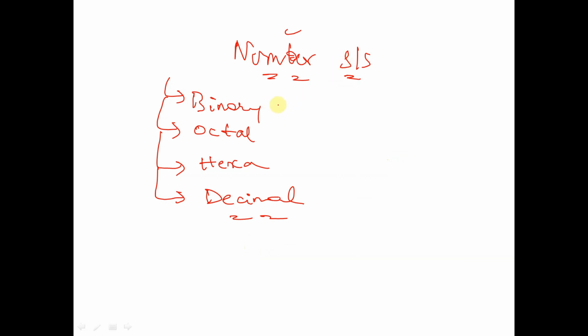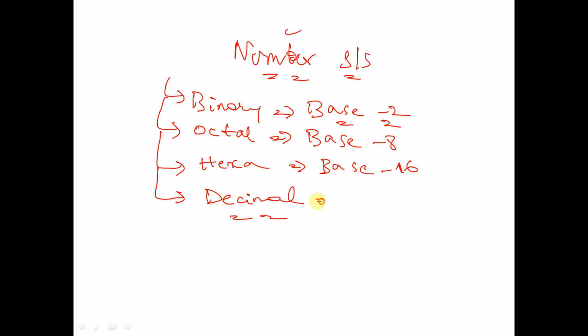Binary number systems are the number systems with base 2, octal number systems are of base 8, hexa are of base 16, and decimal are of base 10.